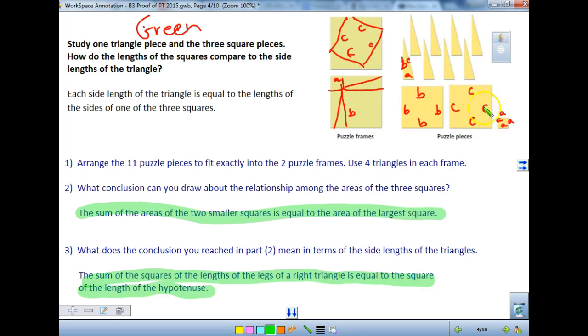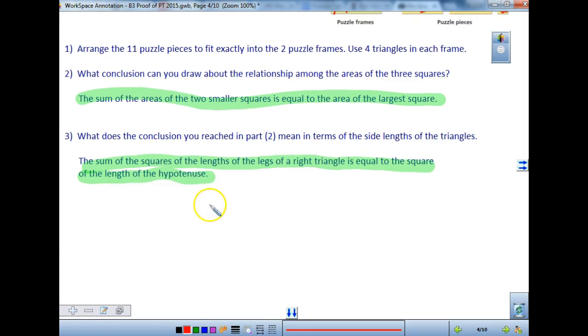Some people might be going, I don't get this, this doesn't make sense. Remember, as we started the last unit, you were confused also. But what I want you to think about is writing this down: you started that first puzzle piece with a squared plus b squared, those are my 2 squares, plus 4 triangles.